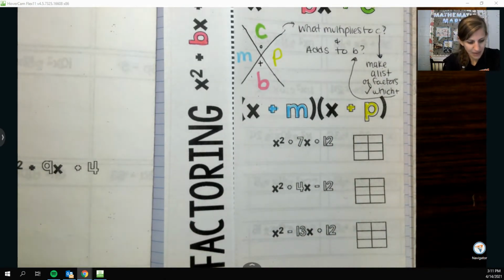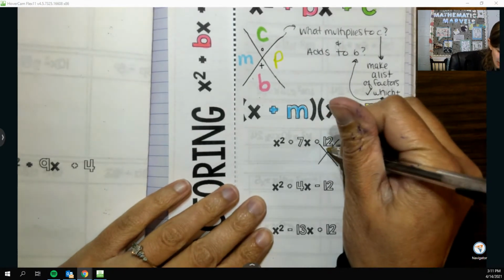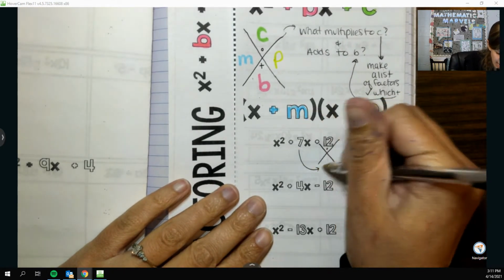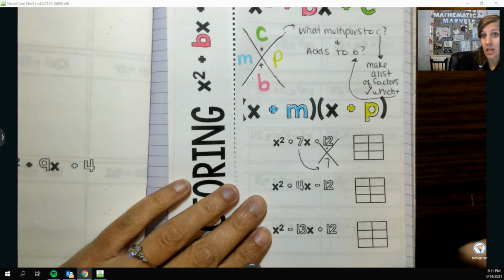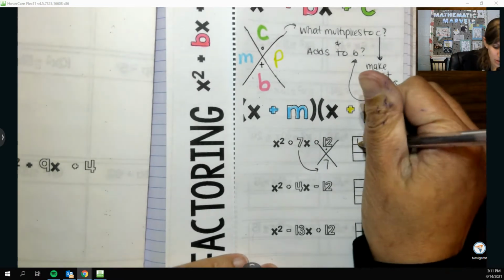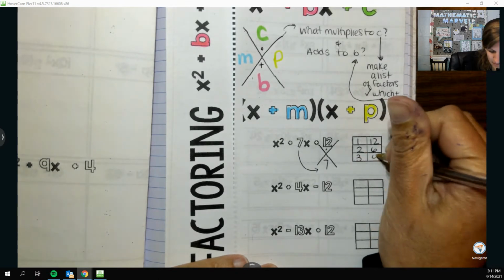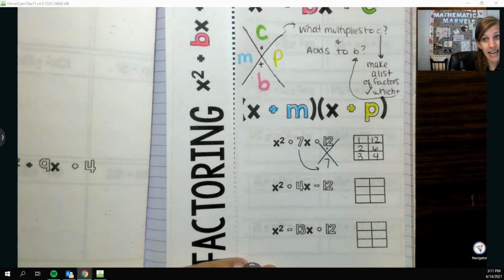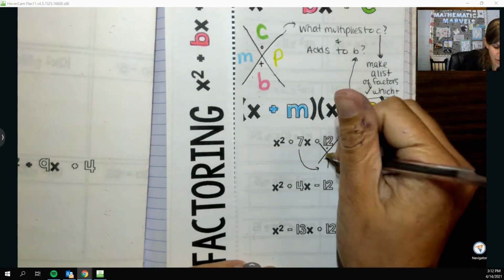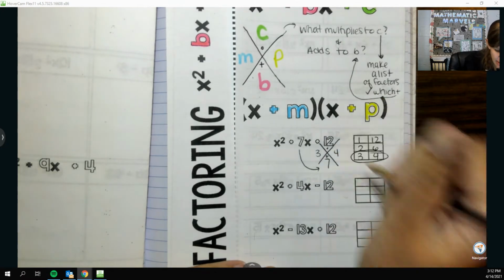All right, so we're going to try that out. Looking here, I'm going to make my little X, and I just put it on the last number. So it multiplies to 12, adds to 7. The only thing I'm thinking about at first is what multiplies to 12. 1 and 12, 2 and 6, 3 and 4. Then I go through and I pick only the set that also adds to 7, which is 3 and 4.